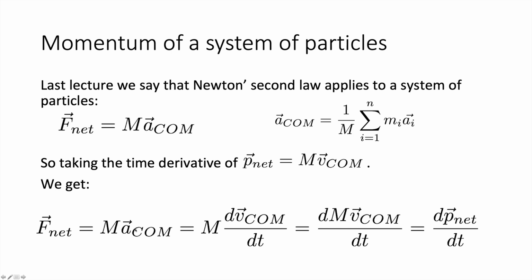So you can see that that is equal to the net force. So we've got that the net force acting is equal to the derivative of the net momentum. Just like we had that the force acting gave us a derivative of the momentum, this whole thing applies to systems as well as to single particles.